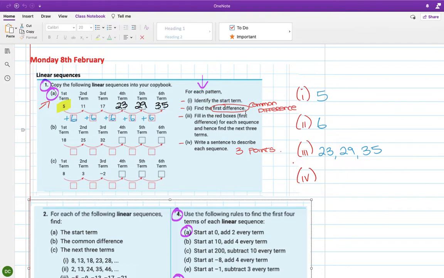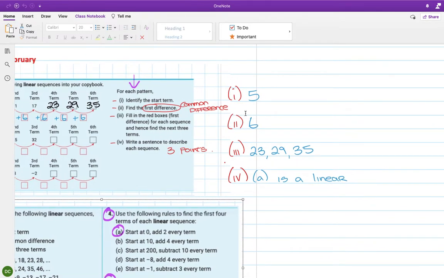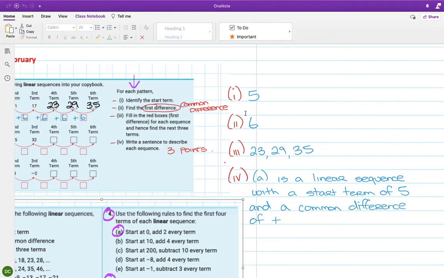Okay, and write a sentence to describe each sequence. Okay, so obviously we only did the first one. So sequence A is a linear sequence with a start term of 5 and a common difference of plus 6.